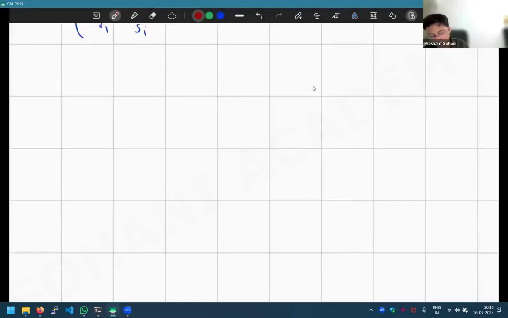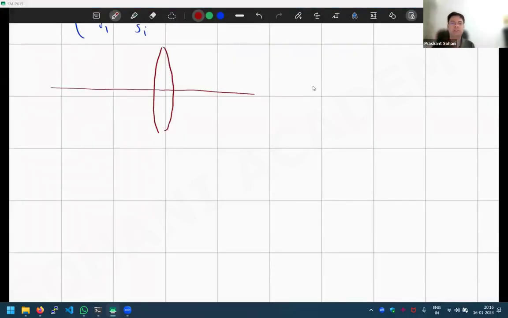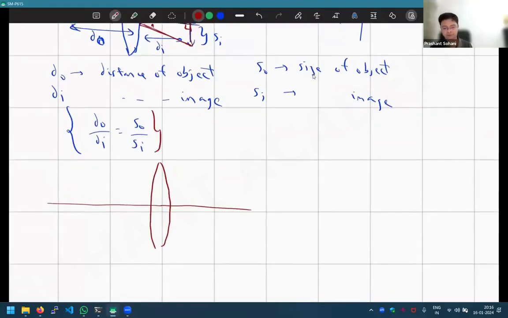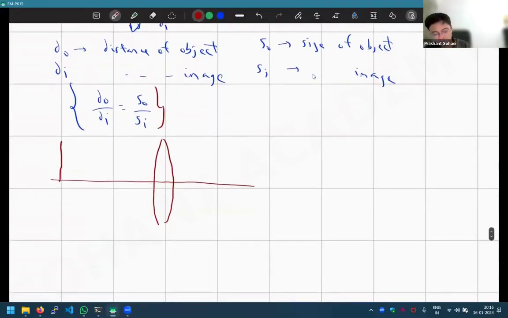So in the first case, what is given is the image is half the size. So if image is half the size, based on this relation, can you agree that the distance of the image from the lens is also half of the object? In other words, if I call the distance of the image as x, right?